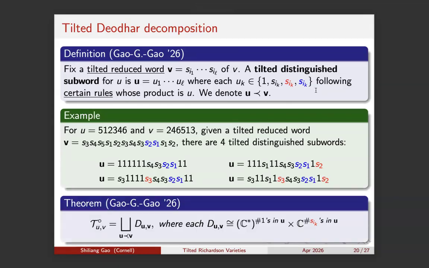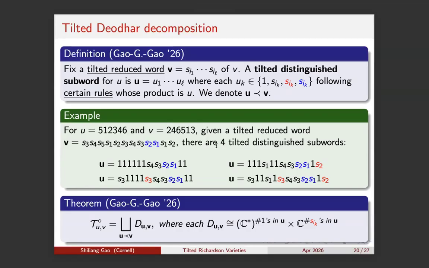And what we proved is that the open tilted Richardson cell can be decomposed into, again, small pieces, each piece labeled by a tilted distinguished subword. And each piece would be, again, isomorphic to C star to some power times C to some power.